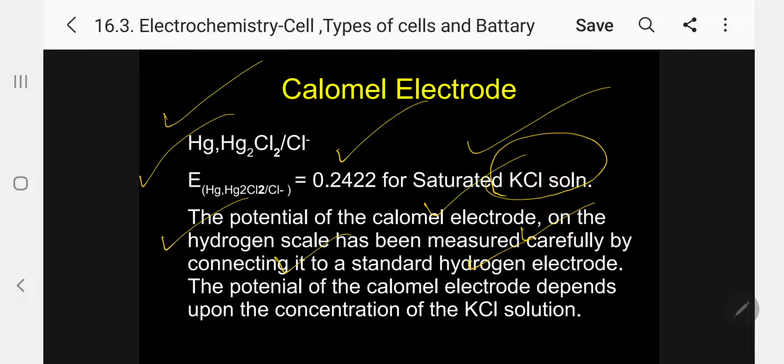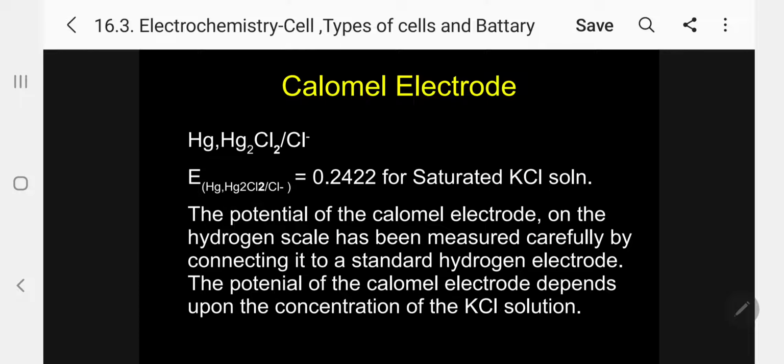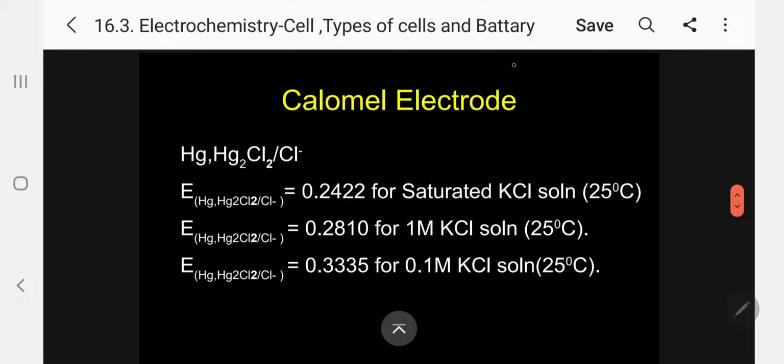The potential of the calomel electrode depends upon the concentration of KCl. For saturated solution the value is 0.2422. So kindly memorize this value. Secondary 0, hydrogen 0, saturated solution of potassium chloride 0.2422. I want to give three different values for this calomel electrode.